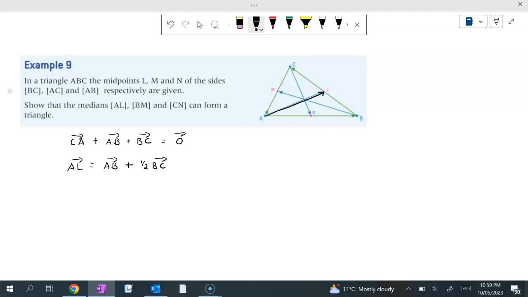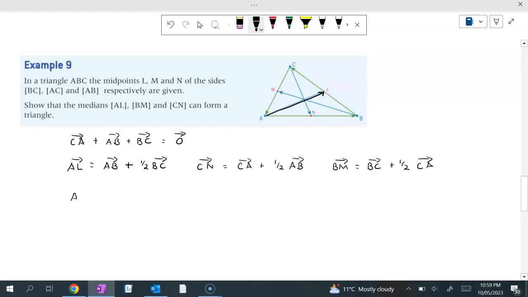Okay, and then CN is equal to CA plus half of AB. And then finally, BM is equal to BC plus half of CA.